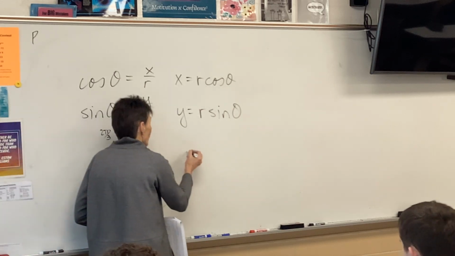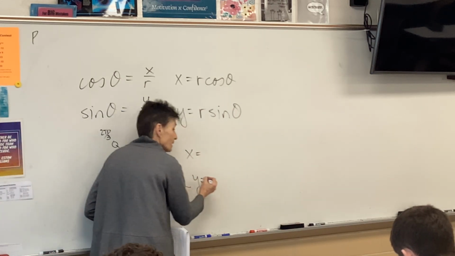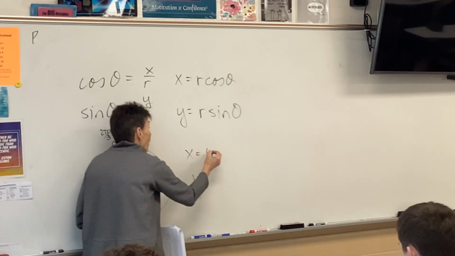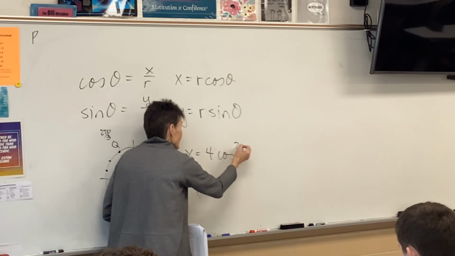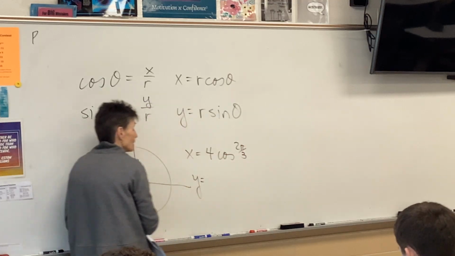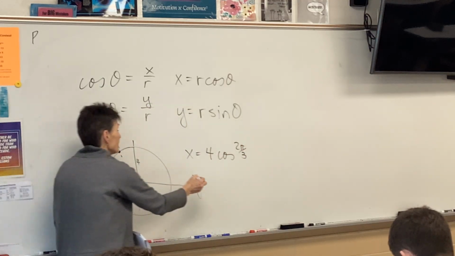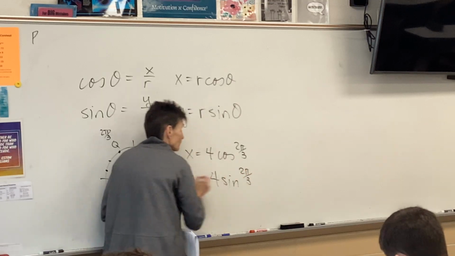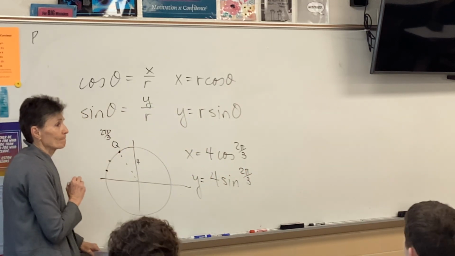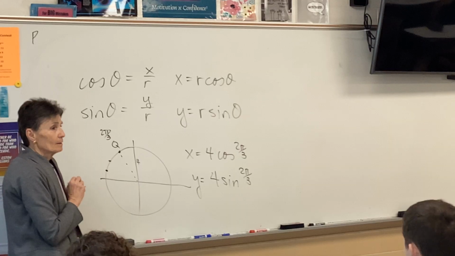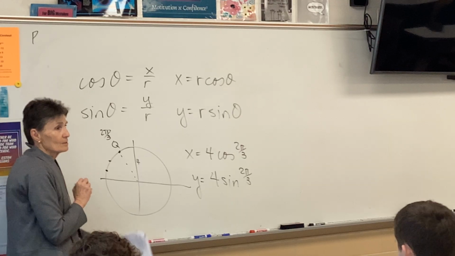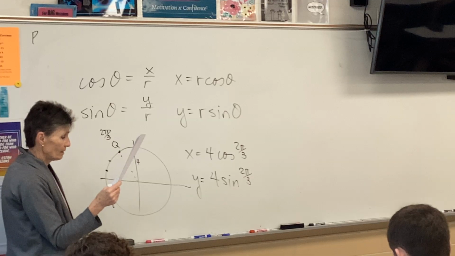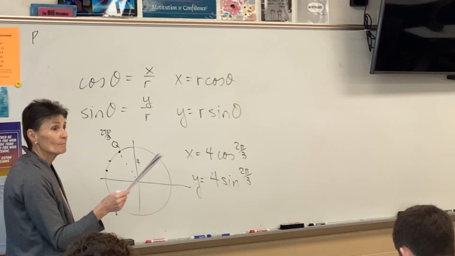So in other words, what's x and what's y? Well, x is r cosine theta, and y is r sine theta. So the answer to question 1 is C.